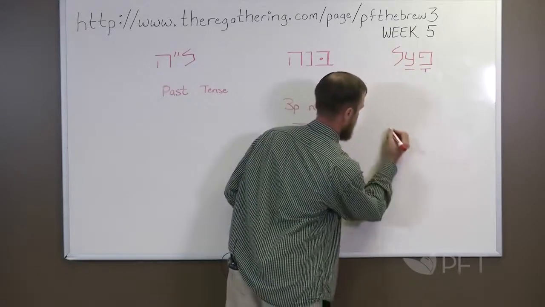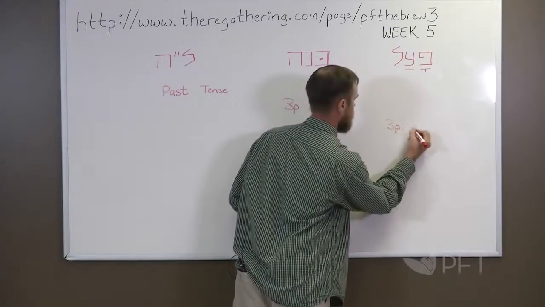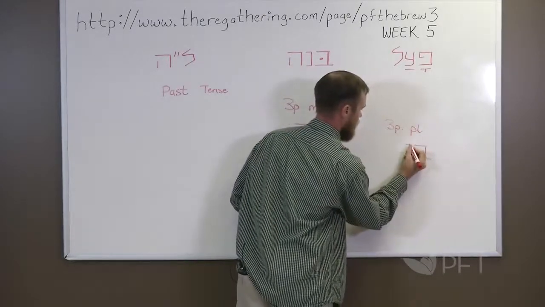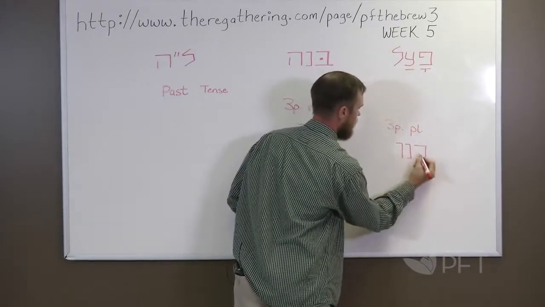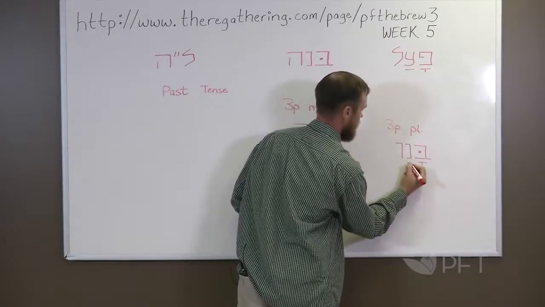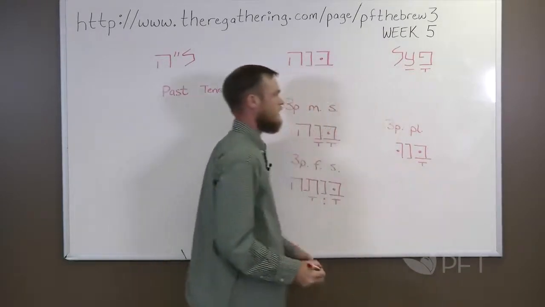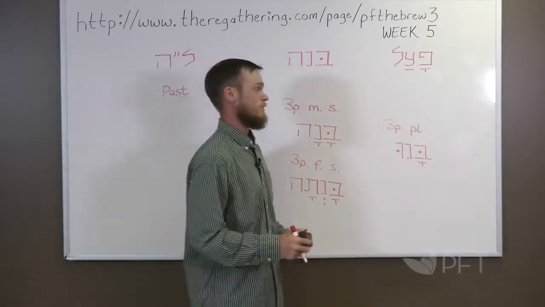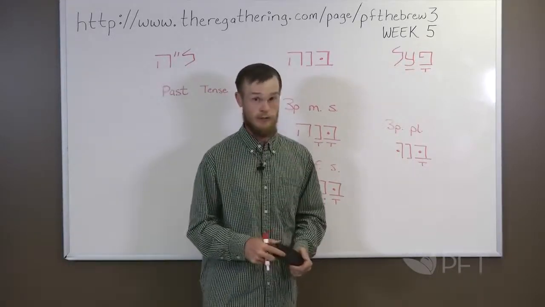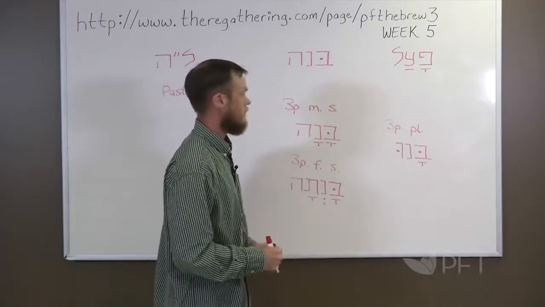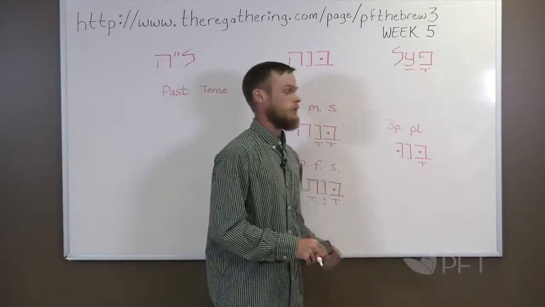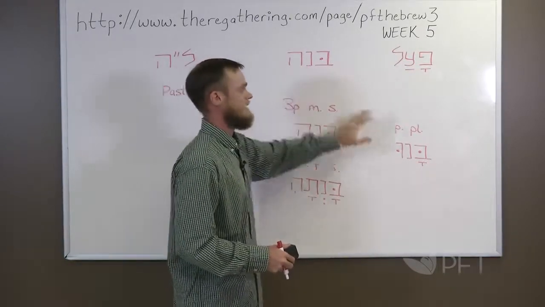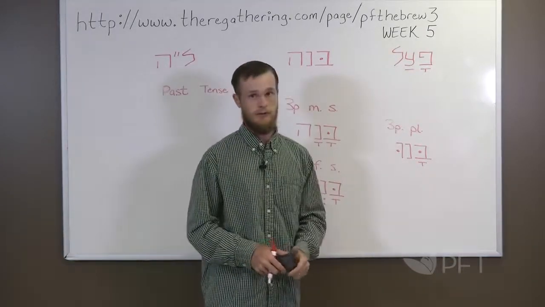And in Lamed Hey, the Hey disappears. So Lamed Hey is not included in Gizrat Shlamim, because the third radical, the last letter in the root, disappears from this verb conjugation.